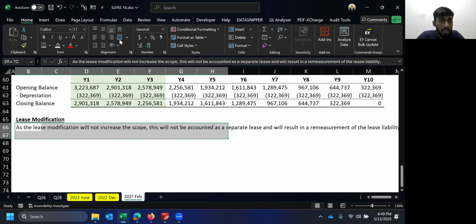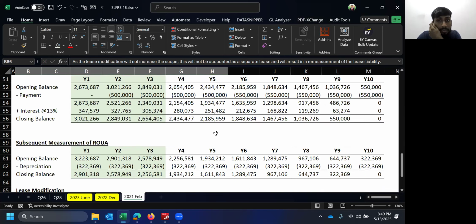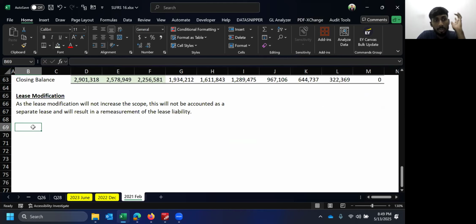Okay. So this will result in a remeasurement of the lease liability. Right? Fine. Now let's do that remeasurement.